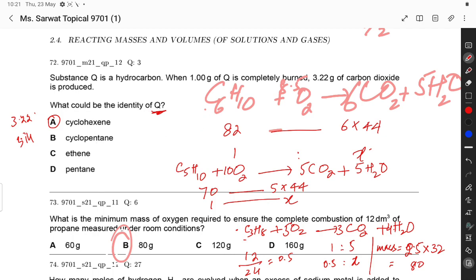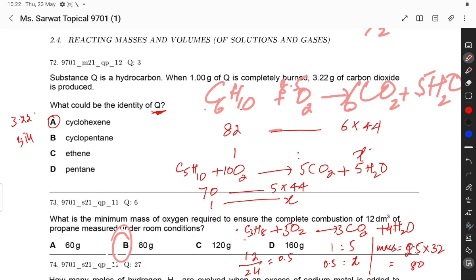First write down the chemical equation of cyclohexene, C6H10. It reacts with oxygen to form carbon dioxide and water. By balancing the carbon dioxide, this is 6, place 6 over here, and 5 over here for water.